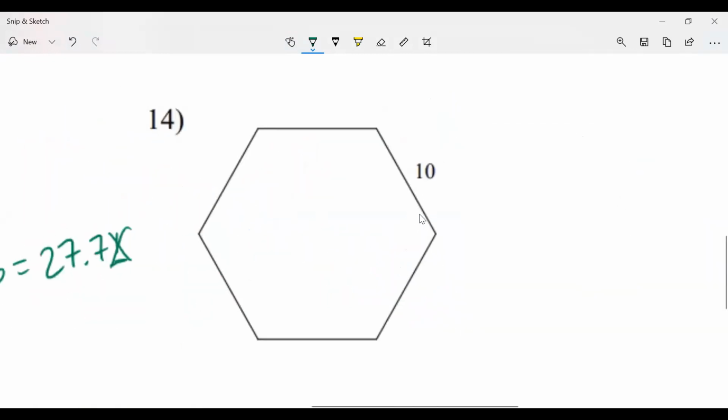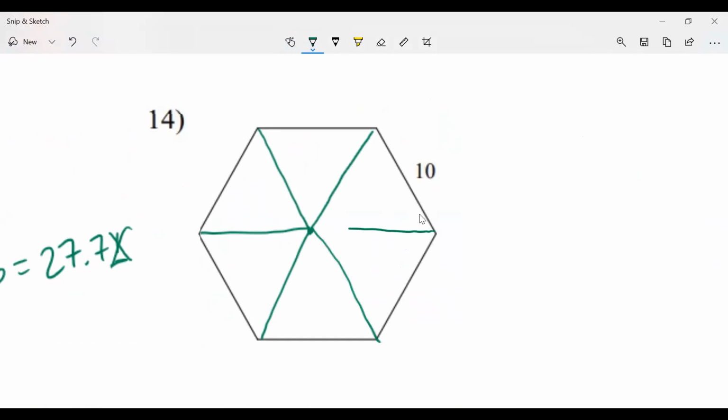All right, let's take a look at question number 14. I see the center here. And I'm going to break my figure into triangles. I'm going to go to each corner. Not only that, but each of my triangles, I'm going to cut it in half because I'm going to come out with the apothem.